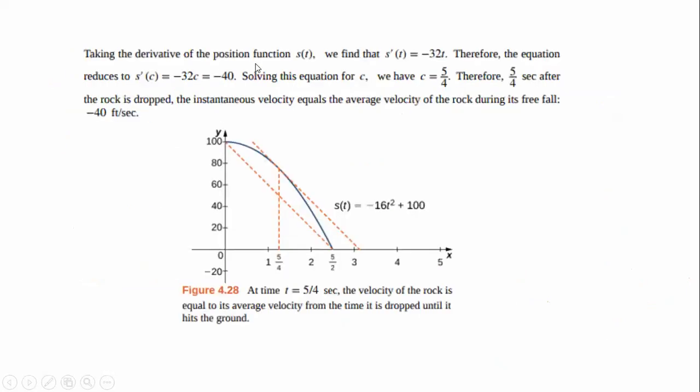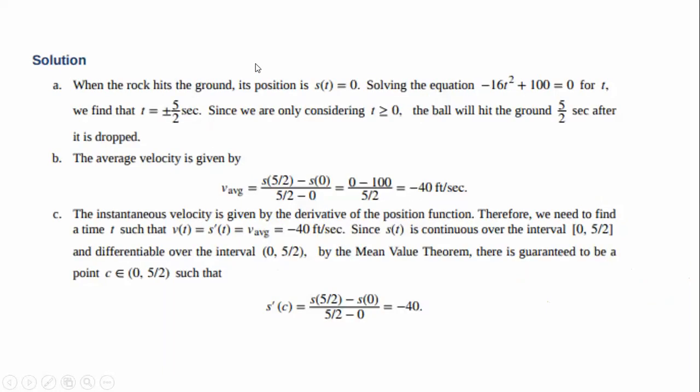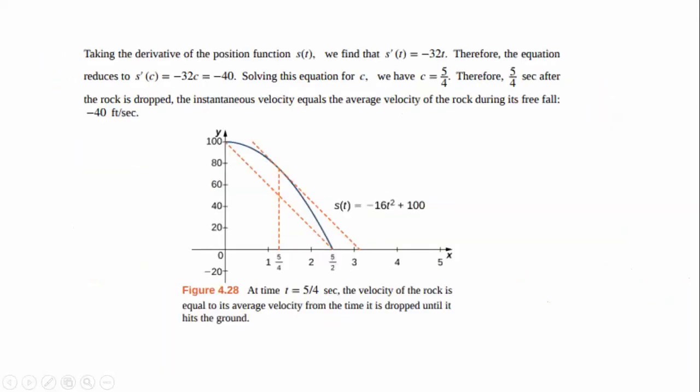So taking the derivative of s of t, I have to take the derivative. So my s of t will be minus 32t, just give me 1 second. The s of t function is minus 16 t square plus 100. So my derivative value will be s derivative of t equals minus 32t.